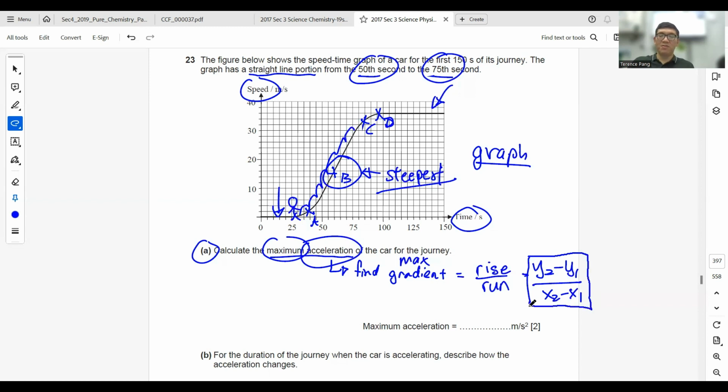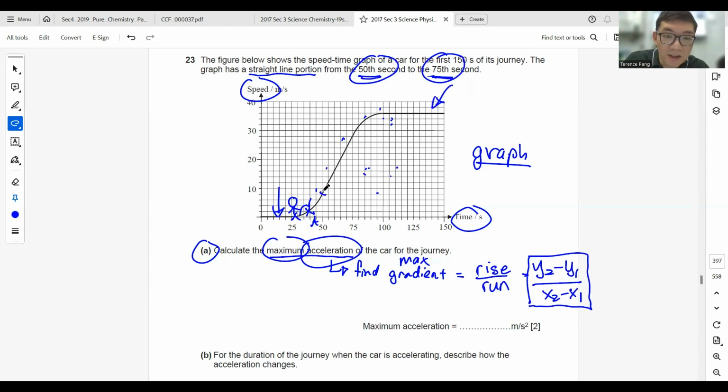So I'm about to explain to you how to calculate from the graph. It's a good thing that you are dealing with a line because a line is very simple. What you need to do is pick 2 points along the line from the 50th second to the 75th second.